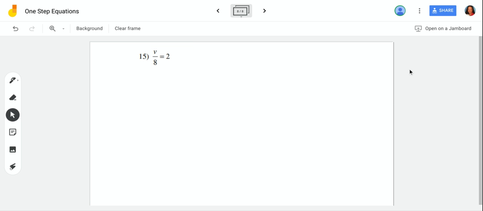Because this one is a fraction, I'm actually going to write this one out. So what it's saying is I have 1 V, but this 1 V is split up into 8 parts.